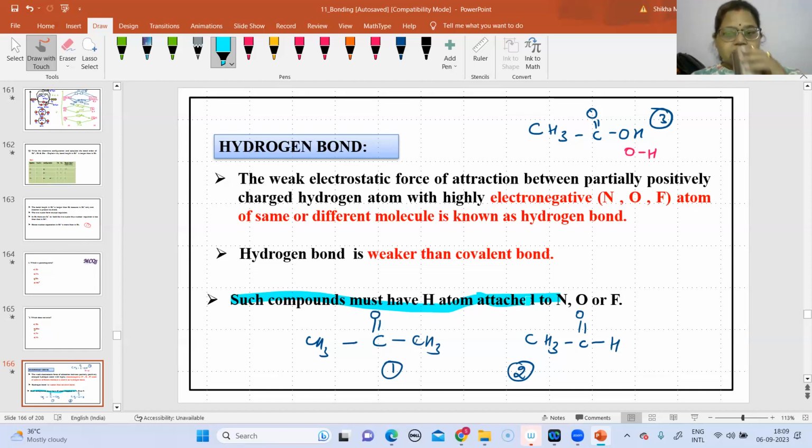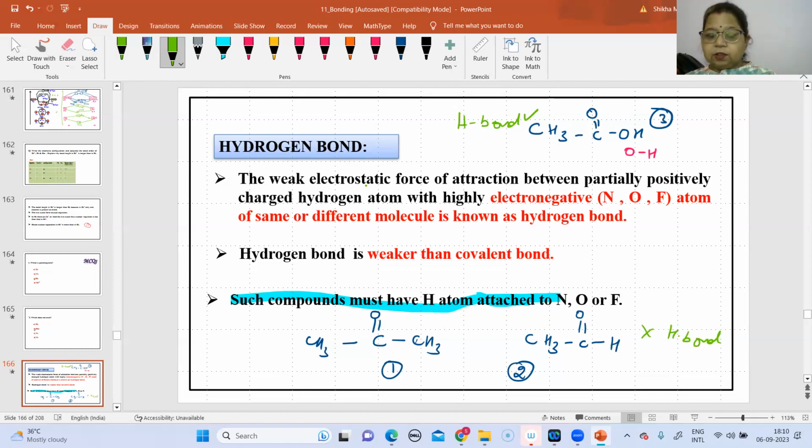So that means only compound number 3 will form hydrogen bonds. In short, I can write it as H bonds. This will form H bond, but they will not form hydrogen bond.